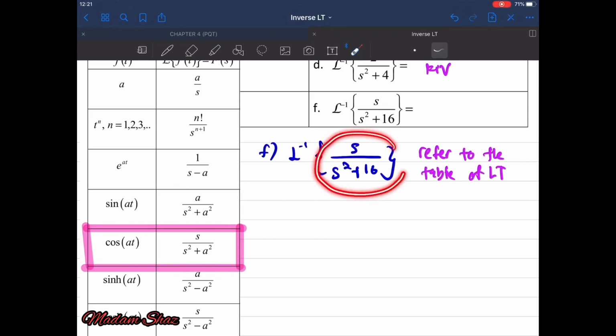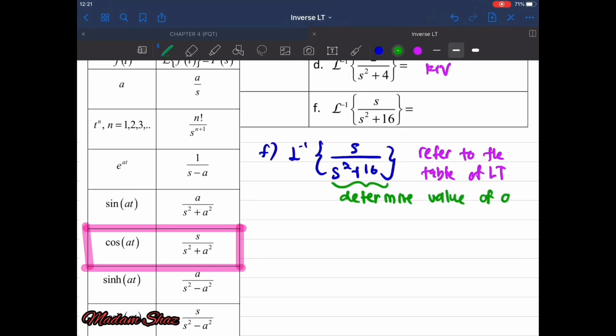So find which part has exactly the same term that you want to find the inverse Laplace transform of. So this is the same term. You have s at the upper side, s square plus a square. So now you have to determine what is our a square. A square is equal to 16.